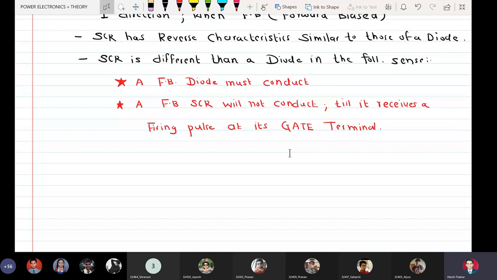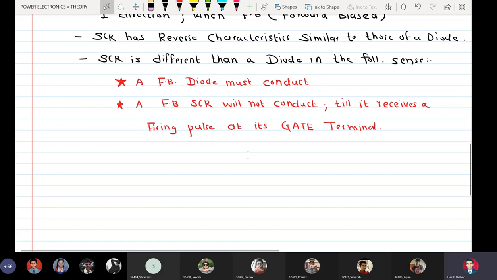That is, omega t equal to 0 degrees is the instant at which the single phase supply will attain the cut-in voltage of the diode, and the diode will instantaneously start conducting. On the other hand, an SCR will not conduct even though it is driven by a single phase AC supply. We have already discussed this before, so I will not repeat it.